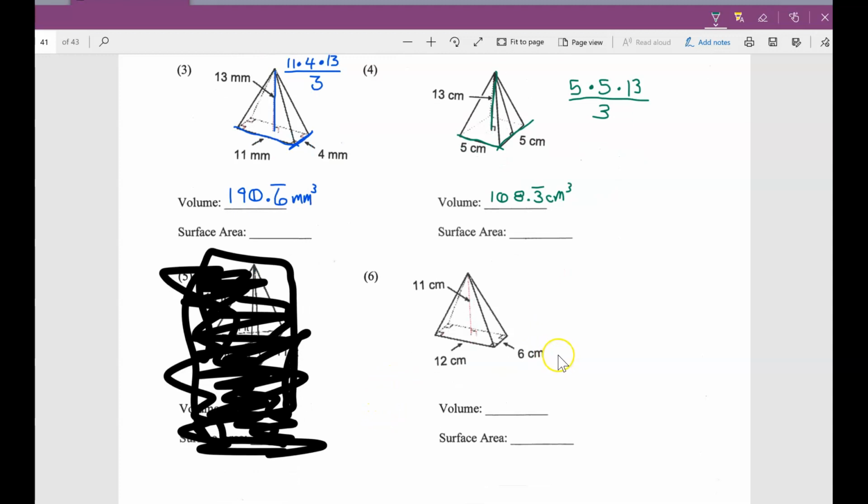Basically, the short answer for this worksheet is very simple. Take the 3 numbers that you can see, your left to right measurement, your front to back measurement, and your floor to ceiling measurement. Multiply them together, divide by 3, and you'll get your answer.